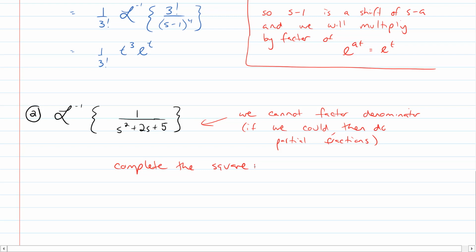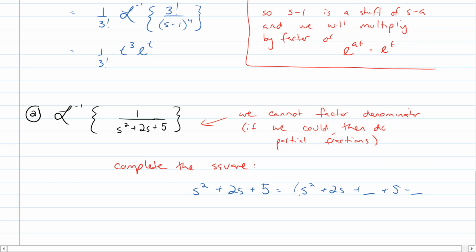In order to complete the square, we're going to write s squared plus 2s plus 5 as s squared plus 2s plus blank, plus 5 minus blank.